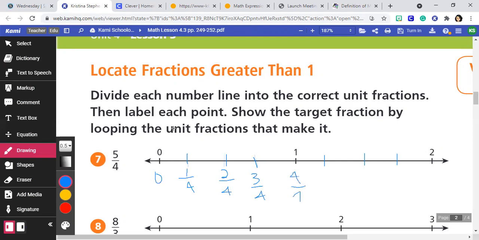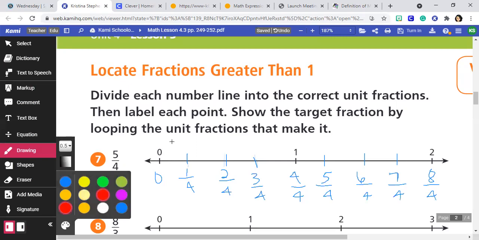Keep going. 5/4, 6/4, 7/4, 8/4. So all together here, we have 8 fourths. That's the same thing as 2. Now we're going to go back and we're going to loop up to 5 fourths.